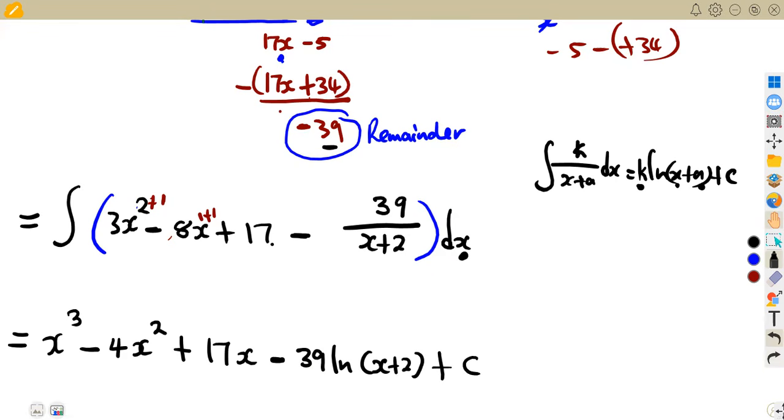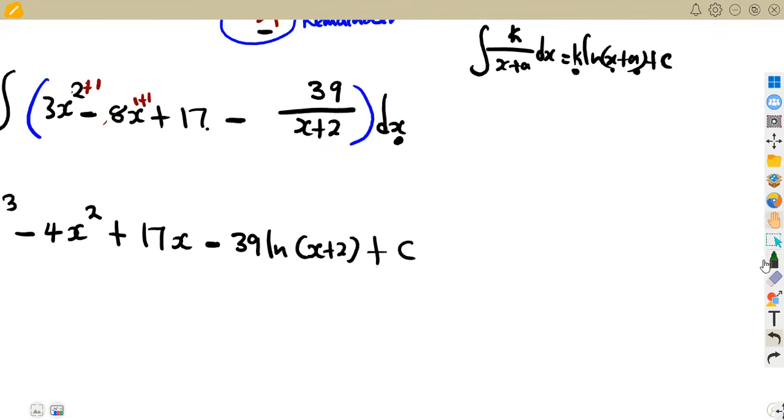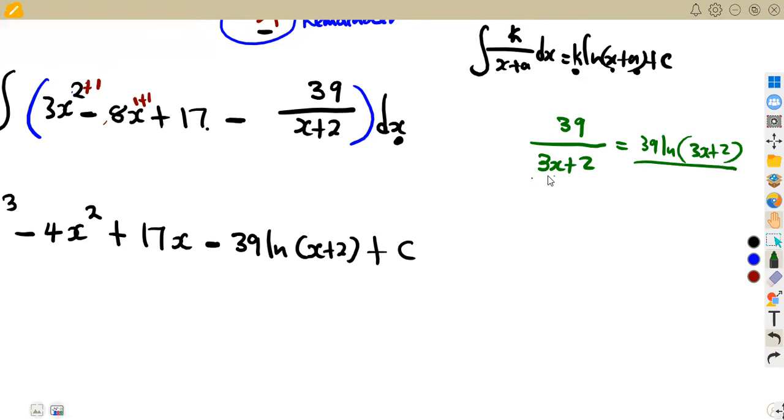But take note, if it was a condition like this, whereby we are given, let's say, 39 over 3x plus 2, you are going to divide by the derivative of this part here. Meaning to say, in this case, we are going to have 39, the ln of this part, which is 3x plus 2, but you divide by the derivative of this part, which is 3.